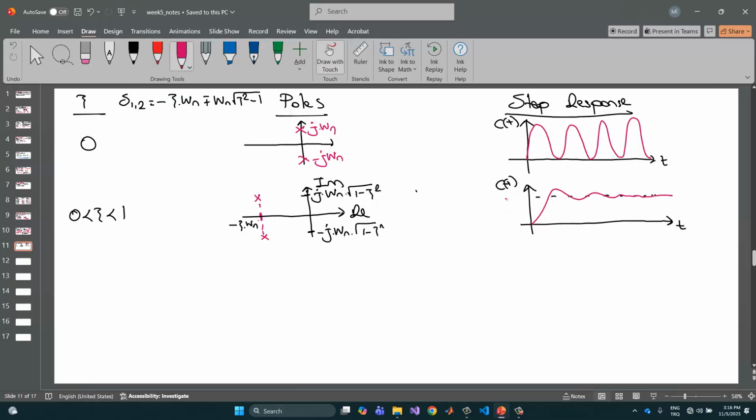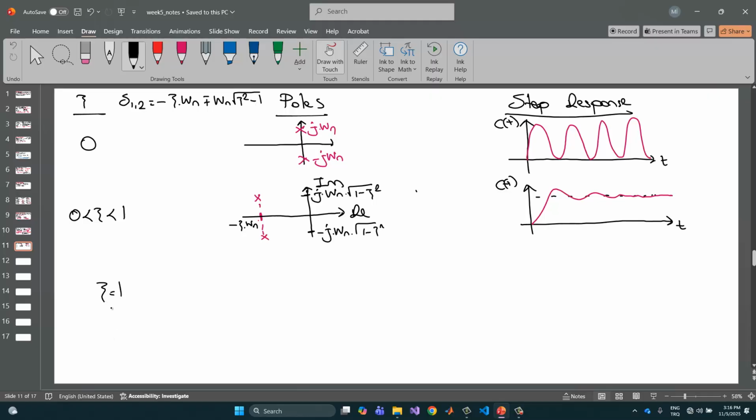We have some oscillation, but it diminishes. We lose the energy because zeta is greater than 0. Yes, this is the overshoot. Okay, and so we will formalize it. Okay.